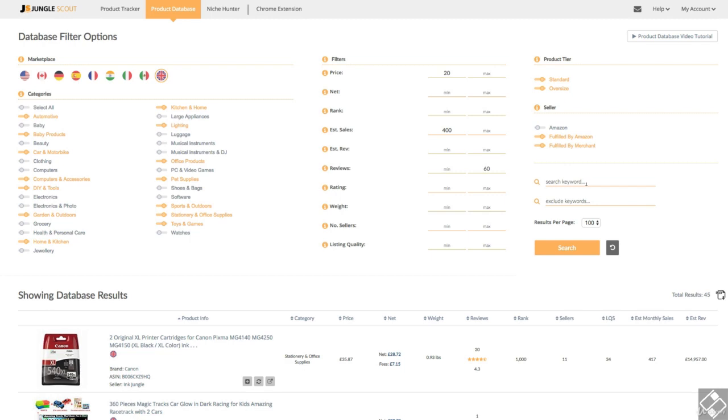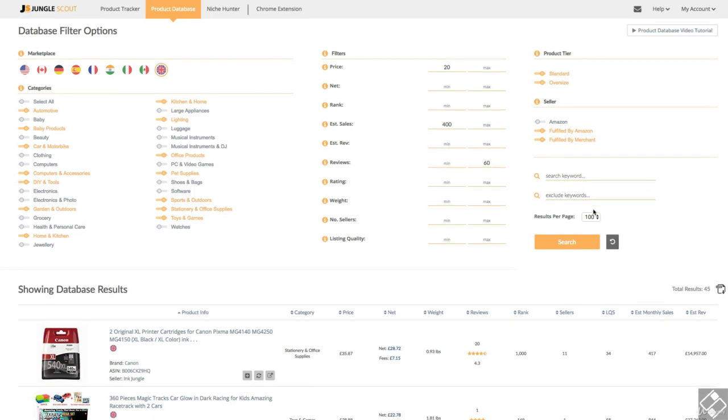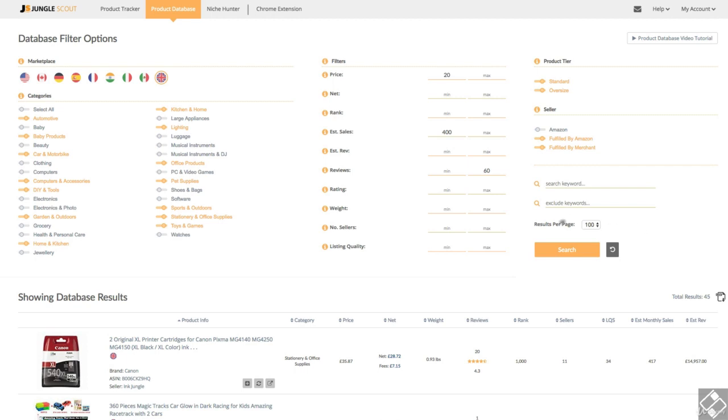At the same time, you may have something that might skew your results, so you can add a keyword to be excluded. If you have a keyword that you think would skew your results, you can put it in there and it will exclude it. Results per page, I normally go for 100, and we'll click search and see what goes on.